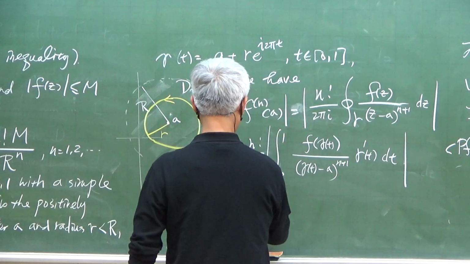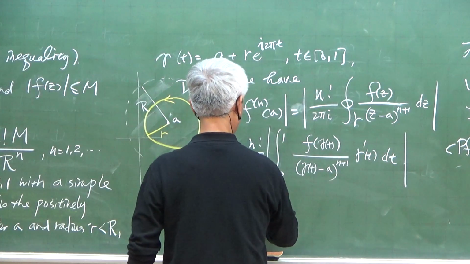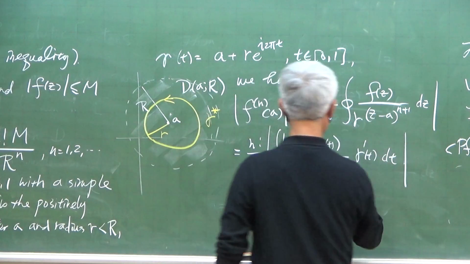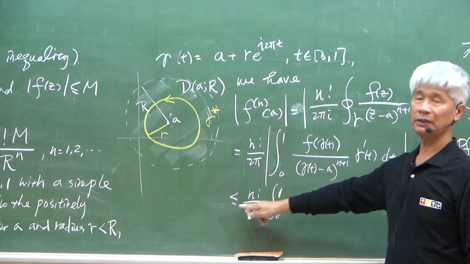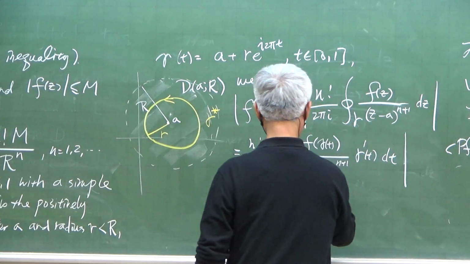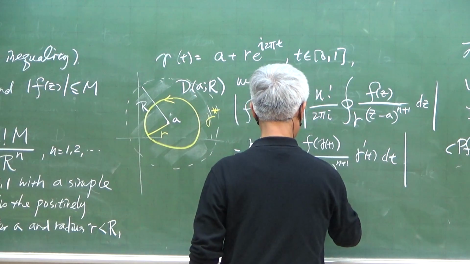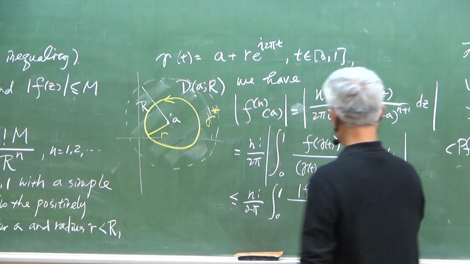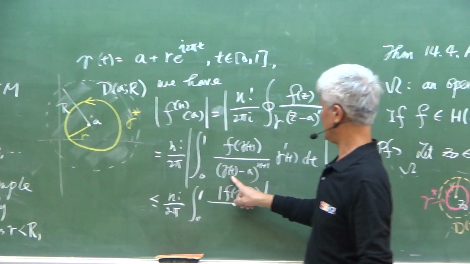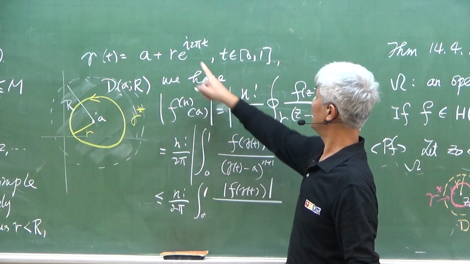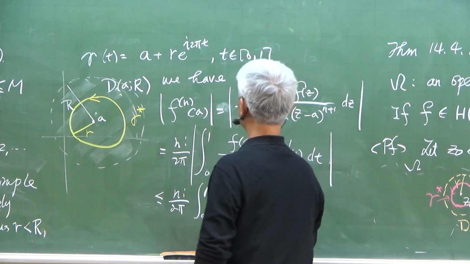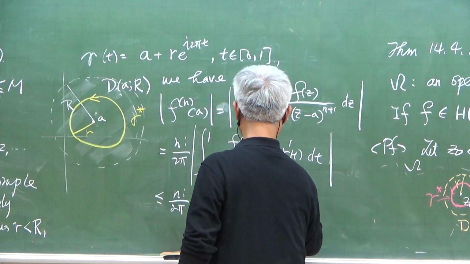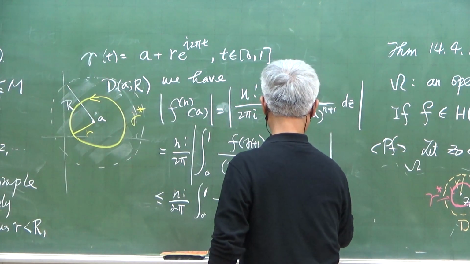Now we move the absolute sign into the integral, then you should have an inequality. Because gamma t minus a is r e to the i 2 pi t, that's the value. And gamma prime t is the derivative.